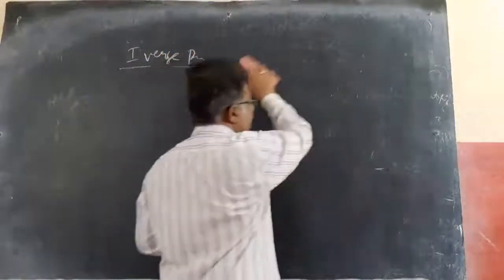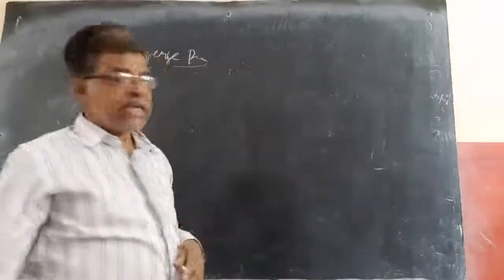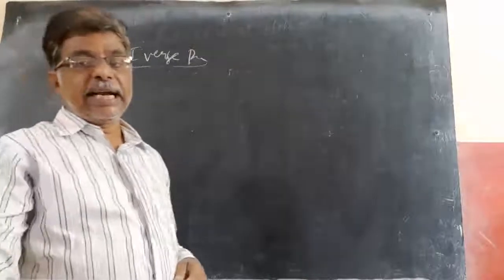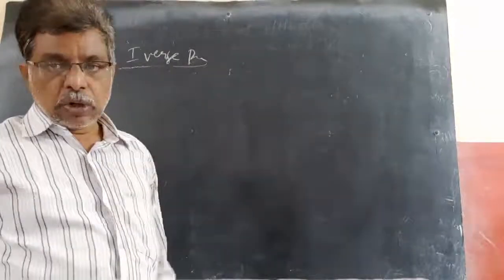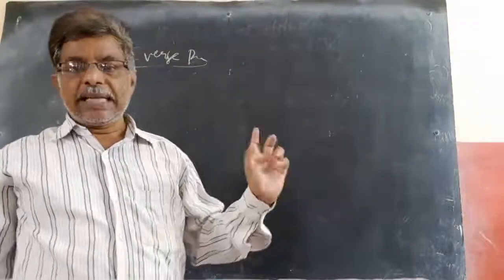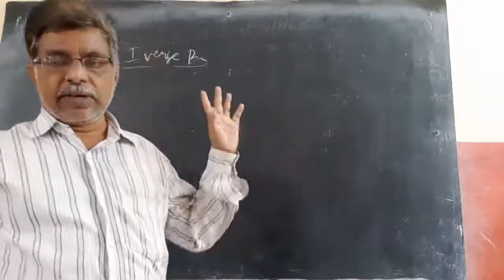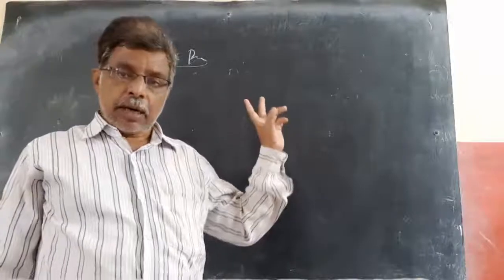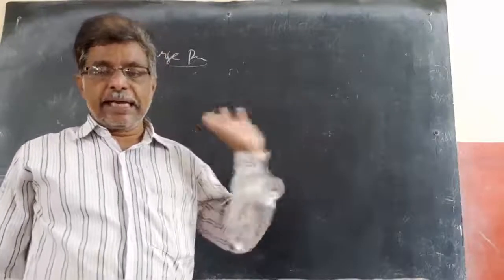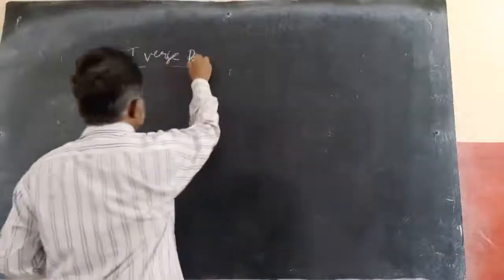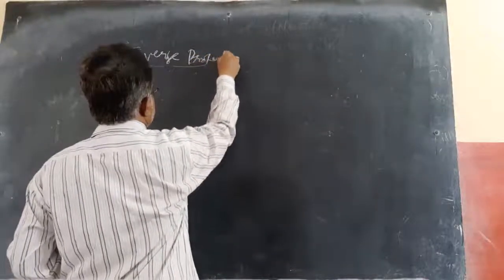For example, the additive inverse is minus A, as I told you. A plus minus A equals minus A plus A equals the additive identity 0. A minus A is 0, and minus A plus A is also 0. So minus A is the additive inverse, because applying those two we get the identity.